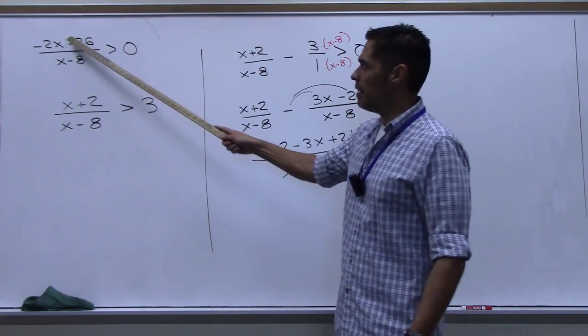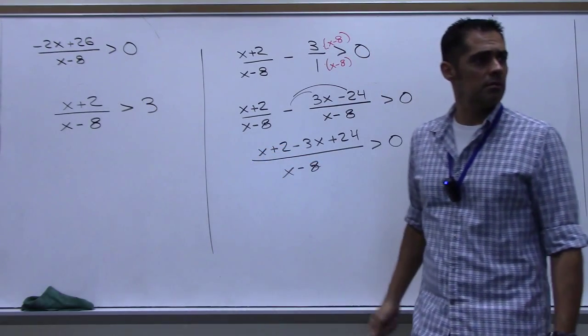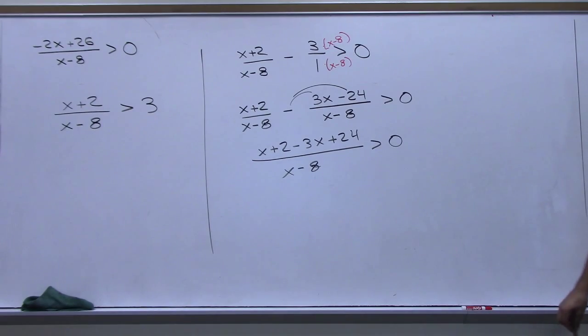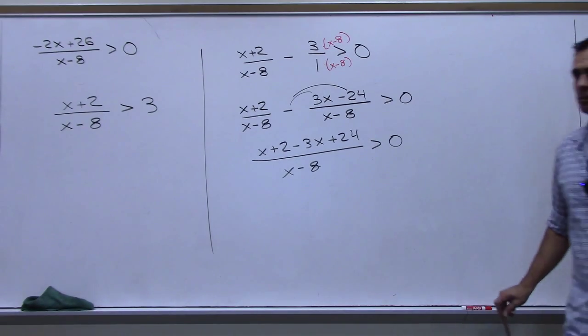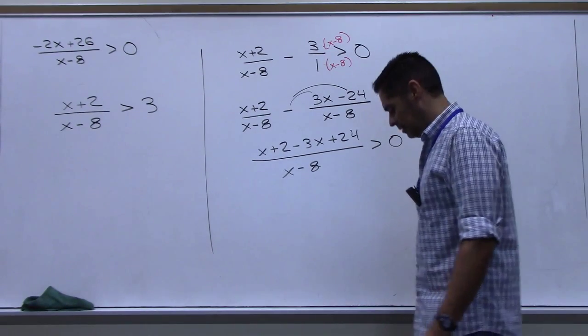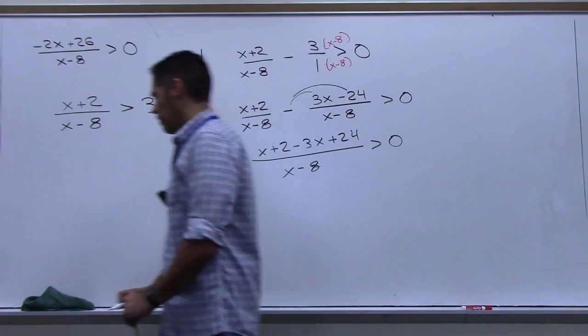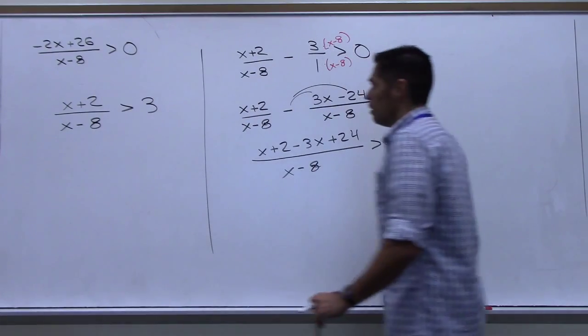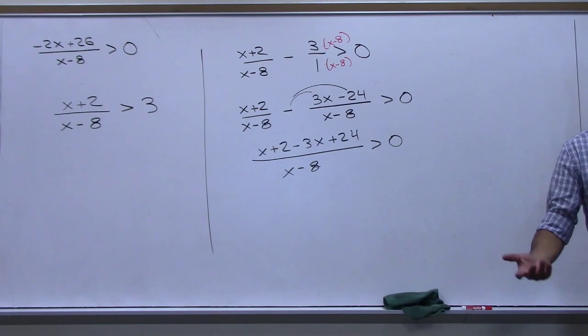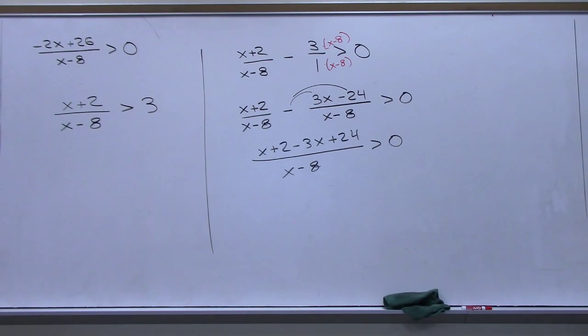Now we've got P of x over Q of x greater than 0. Yeah, I mean, that's going to be part of the x-intercept, right?